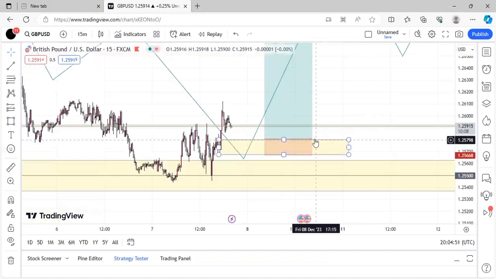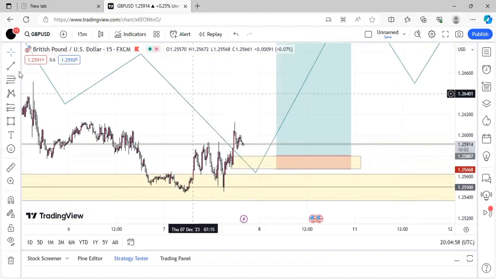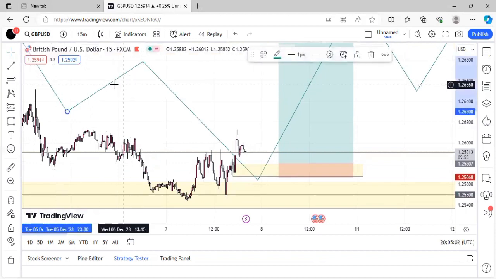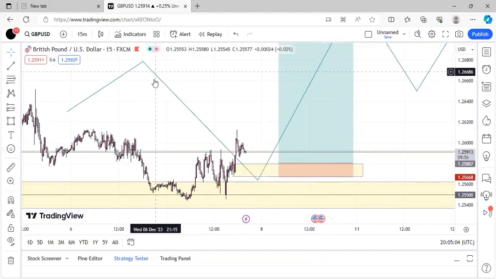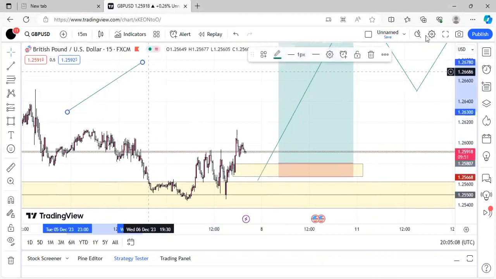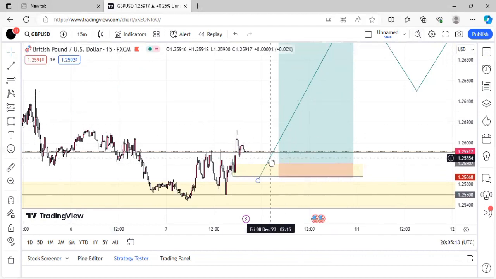So on GBP USD, before I go, this is where I'll be looking for my buying opportunity. Since we have seen structure, let me remove all this.